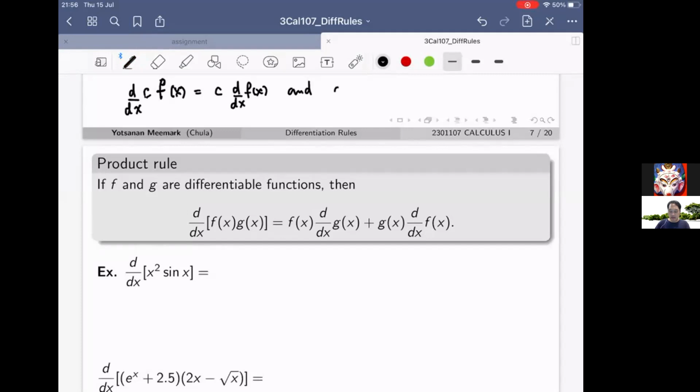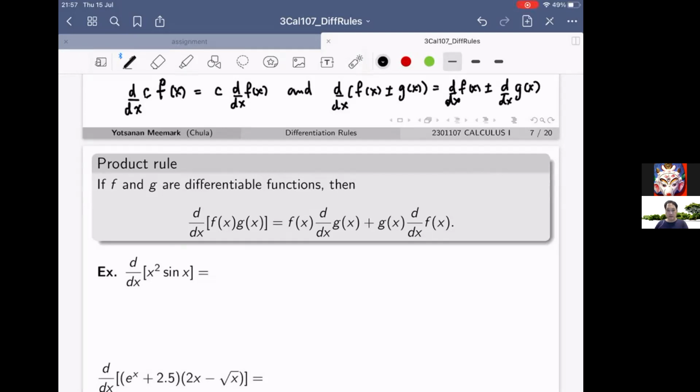If you have a derivative of two functions added or subtracted, you can find the derivative of each one separately, and then just add or subtract them as is. However, we also have examples showing that if you have two functions multiplied, you cannot just separate the derivative directly.